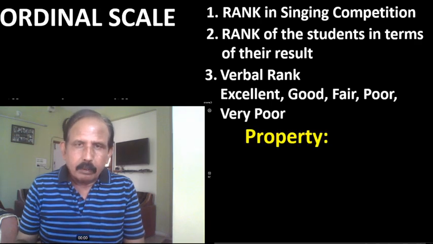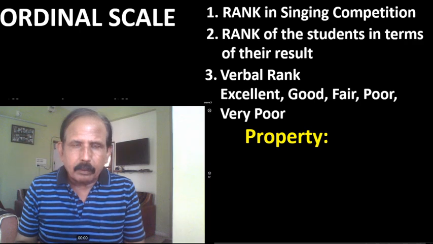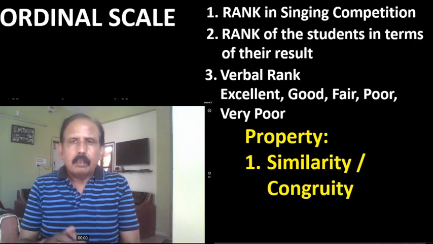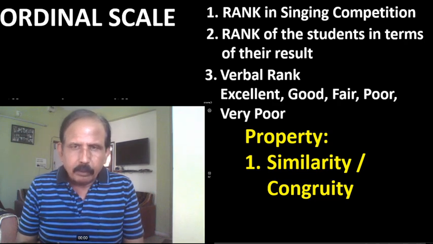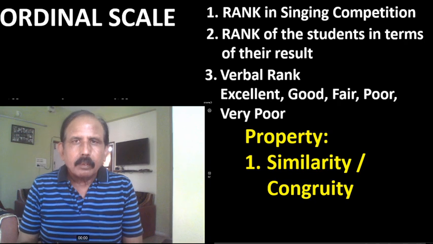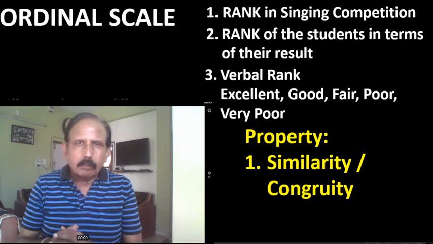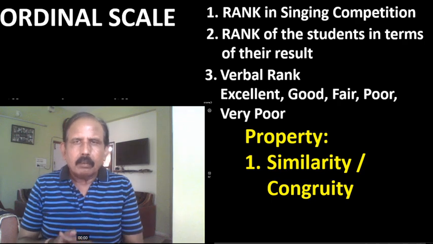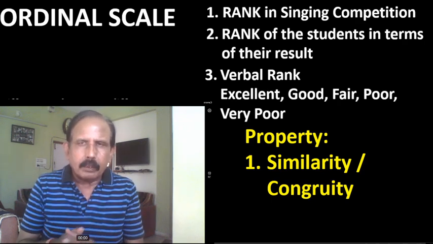The two properties this type of scale has. Number one, property of similarity, property of congruity. Why? Because all the subjects are assigned ranks on the basis of the same characteristic. All subjects have the same type of characteristics.